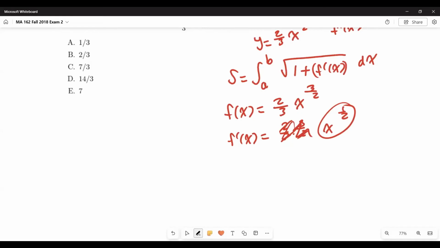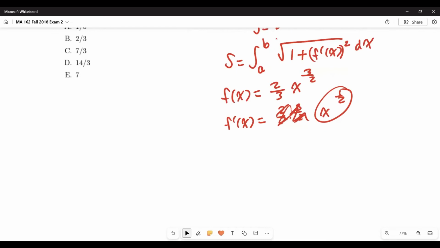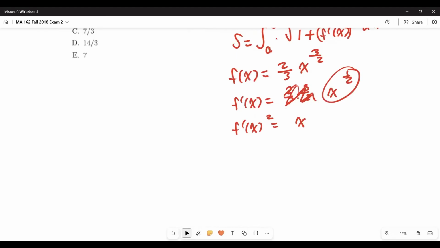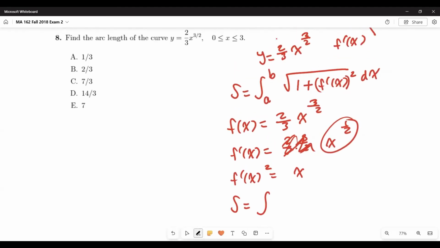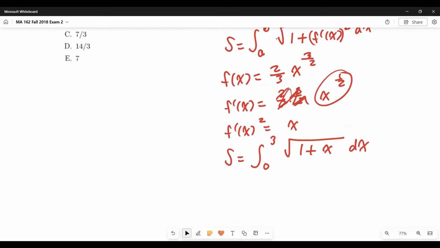Oh, and then you have to square it. Sorry, I forgot the square part. Yes, you have to square the derivative. So if you square our derivative, this becomes just x. So in our case, our arc length is the integral from 0 to 3 of the square root of 1 plus x dx. And if you remember your, no, you don't have to remember anything, sorry.